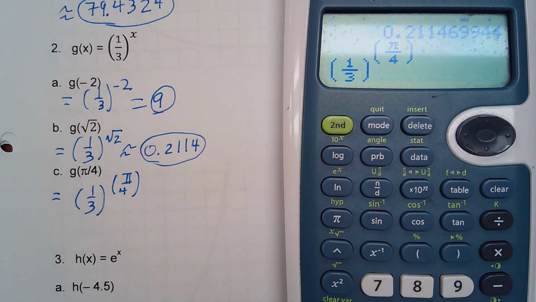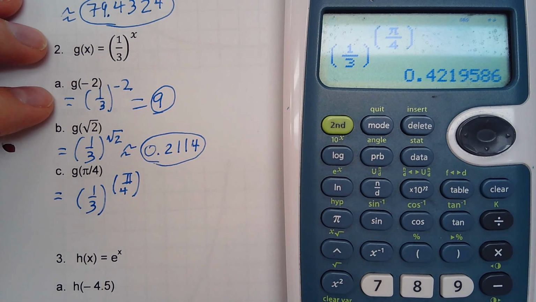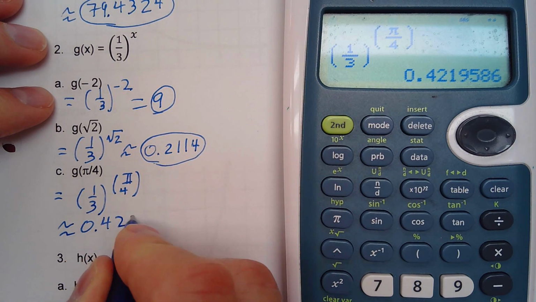Close that parentheses off. Hit my right arrow key and hit enter. And I guess we need to round that to 4 places at the end, so it'd be 0.4220.